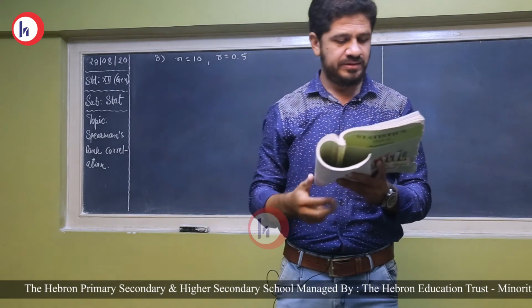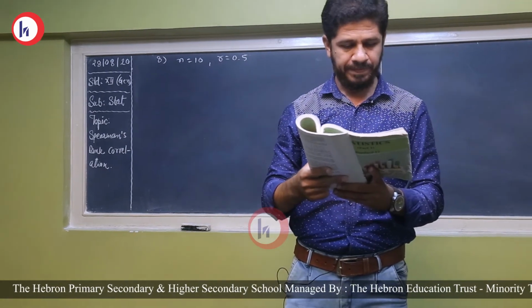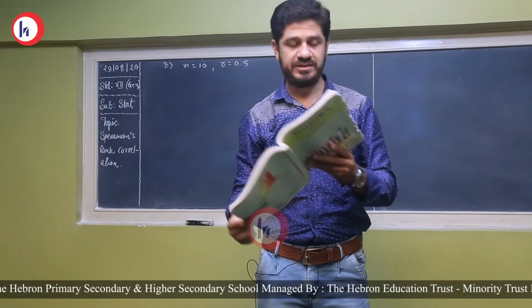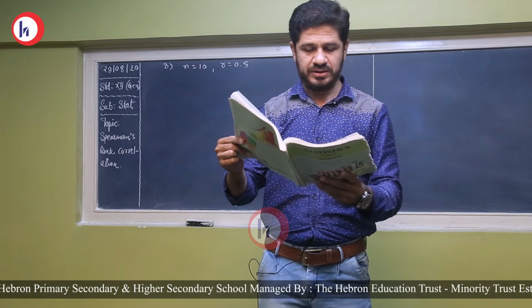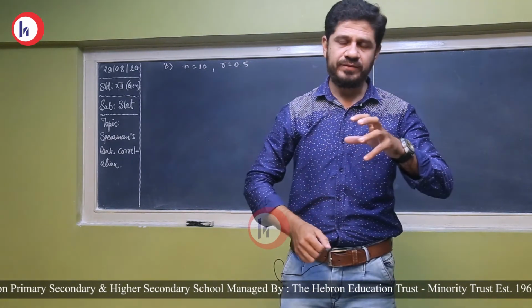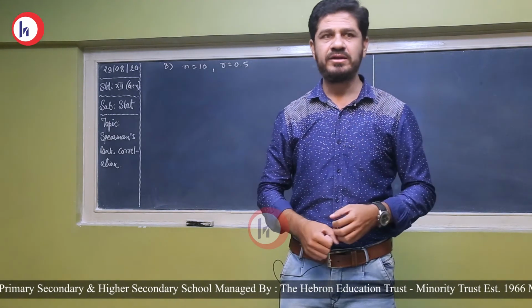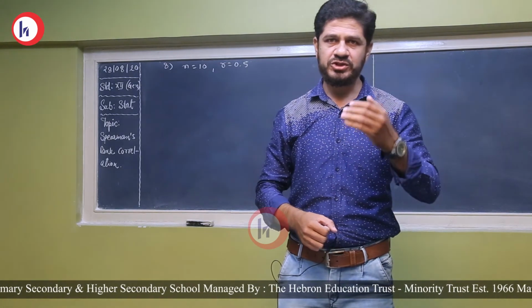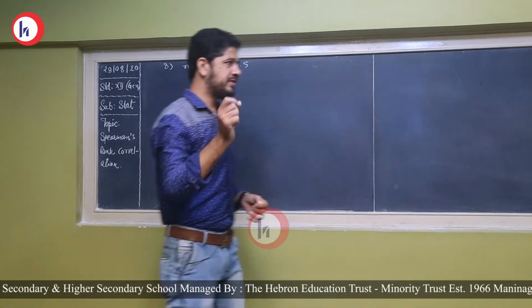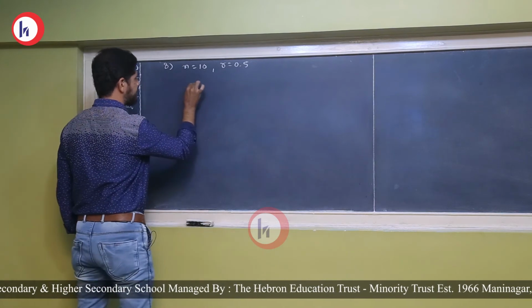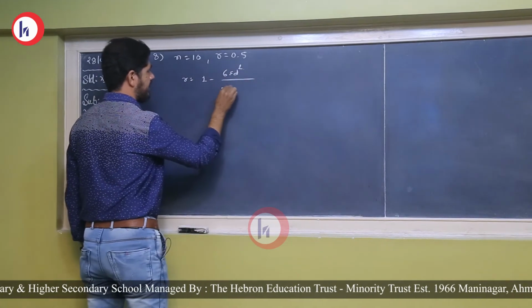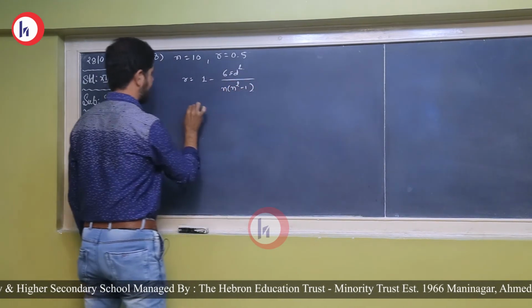So after finding the correlation, we found that one of the observations is mistaken. The original rank difference was 7 and it was taken as 3. So naturally the change shows in d square, sigma d square. First, let's find the sigma d square. The formula is 1 minus 6 sigma d square upon n square minus 1.